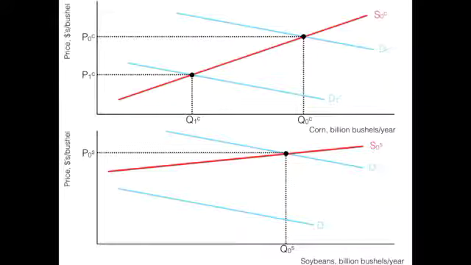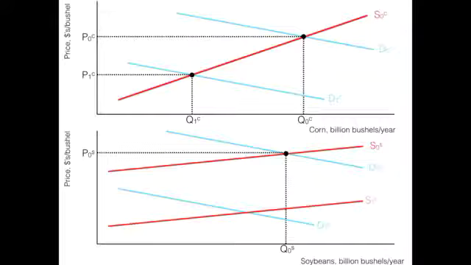Then we also have to take into consideration any supply side considerations. Think of this: if you're a farmer who was growing corn and you saw that there was a dramatic decrease in the price of corn, there's a high likelihood that you will substitute away to the production of something else. And if that something else is soybeans, the reaction of farmers is going to be an increase in the supply of soybeans, due to the fact that the price of corn went down, and farmers are going to substitute away from the production of corn because corn is less valuable of a commodity relative to soybeans.